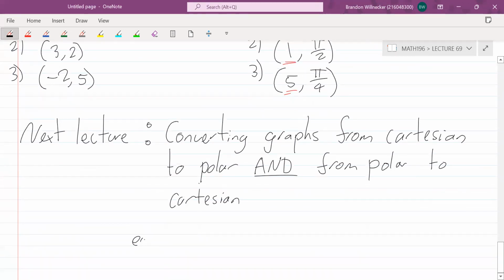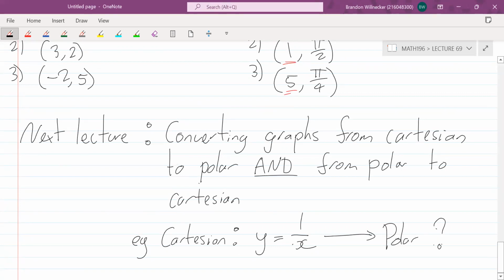Okay, just as an example, if I have a graph in Cartesian form, let's say y equals 1 over x. Okay, so I'm using my x, y variables for Cartesian graph. How does this change to a polar graph? Okay, what does that look like? Okay, so the graph is going to look exactly the same, but now it's going to be in a different coordinate system.